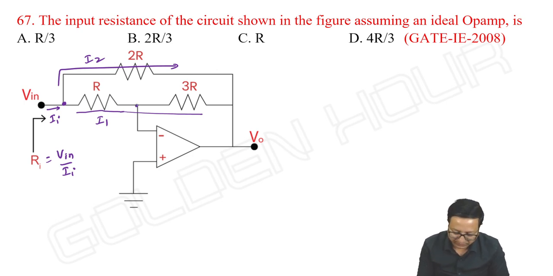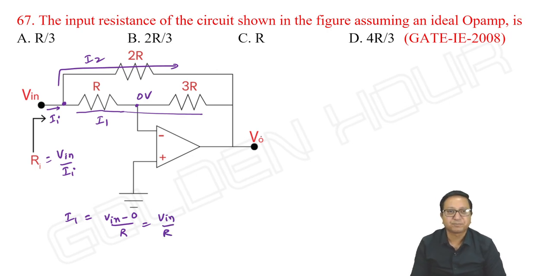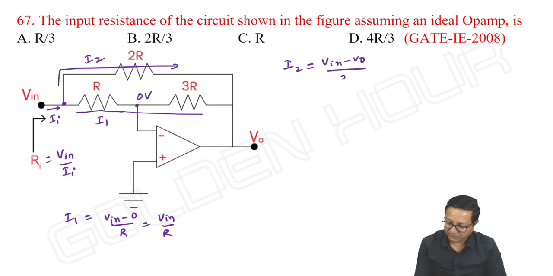First of all, what is I1? Due to virtual short, it is 0 volts. I1 is equal to V in minus 0 by R, that is V input by R. Keep it aside. And I2. I2 is equal to V in minus V output by 2R. But we do not know what is V output. How to find V output?